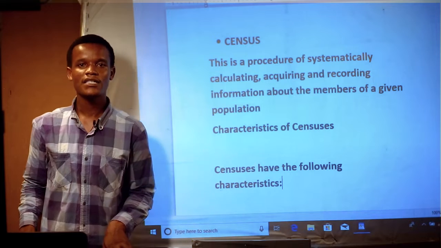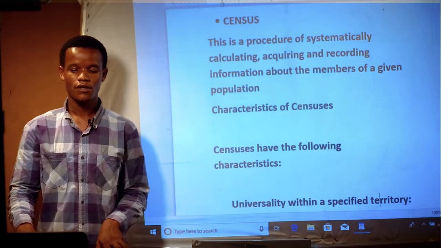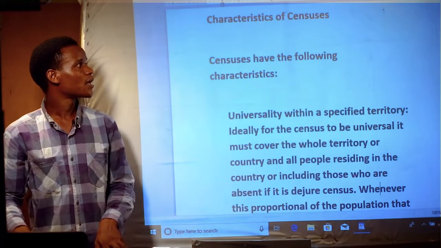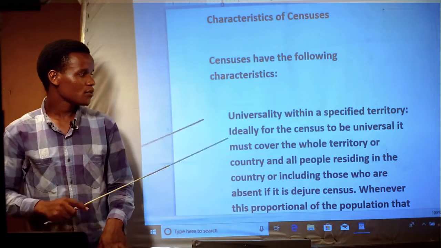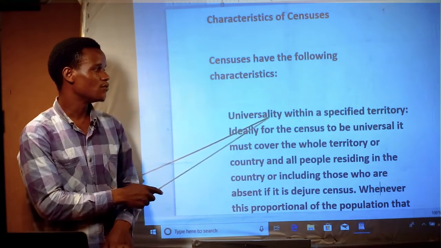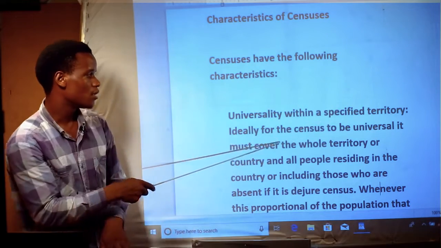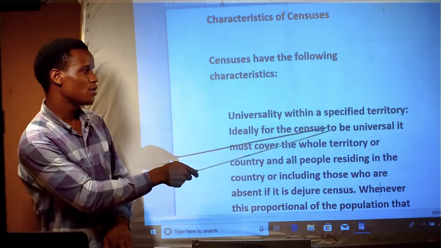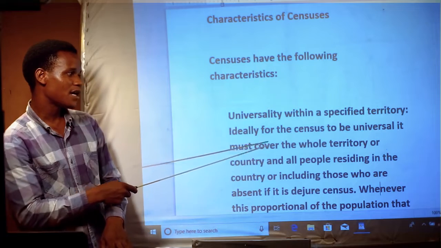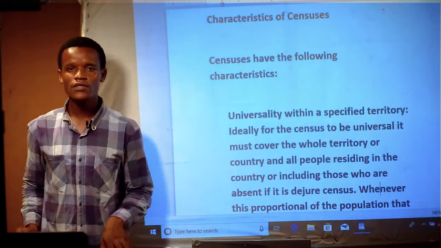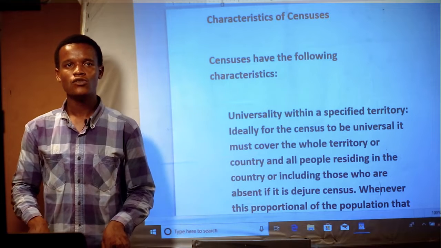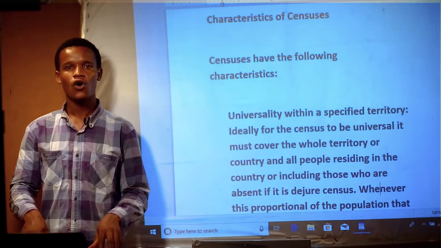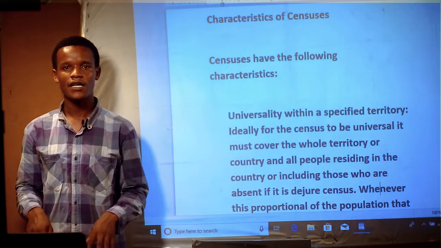Now let us see what the characteristics of the census are. The first one is universality within a specified territory. Ideally, for the census to be universal, it must cover the whole territory. When we say universality, we mean that during the census all territory is covered.